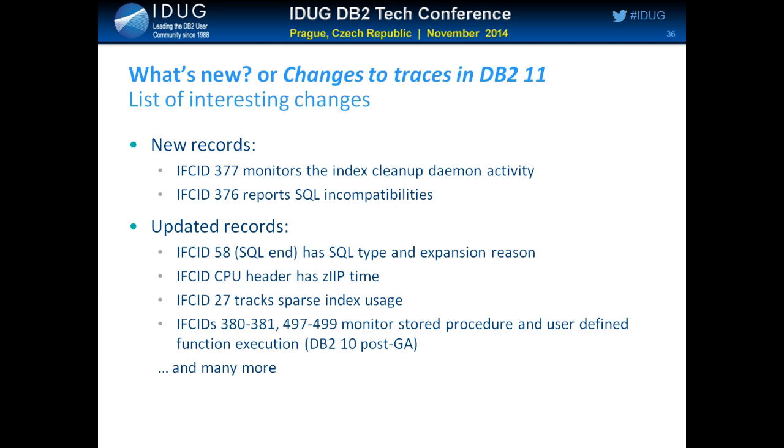So you may figure out how much CPU time a particular SQL consumed. Then also in Db2 10, after it went GA, there were quite a few new records, 380 and 381 and 497, 499. Those are related to deeper monitoring of stored procedures and UDFs.